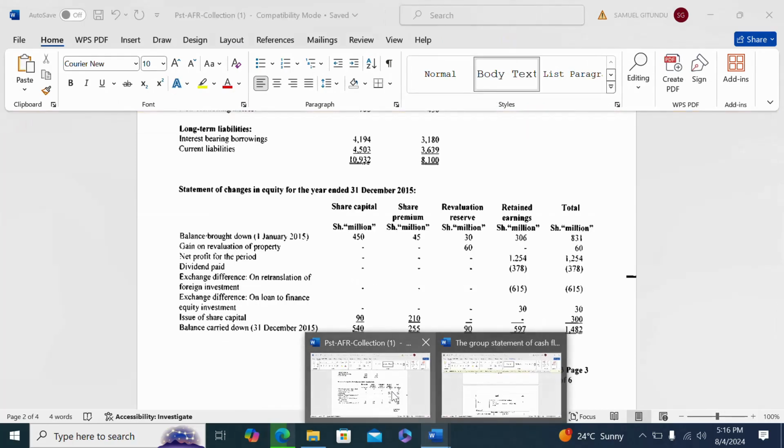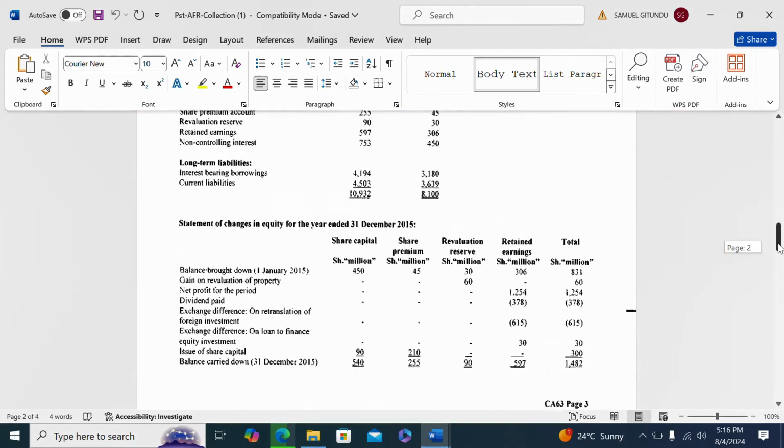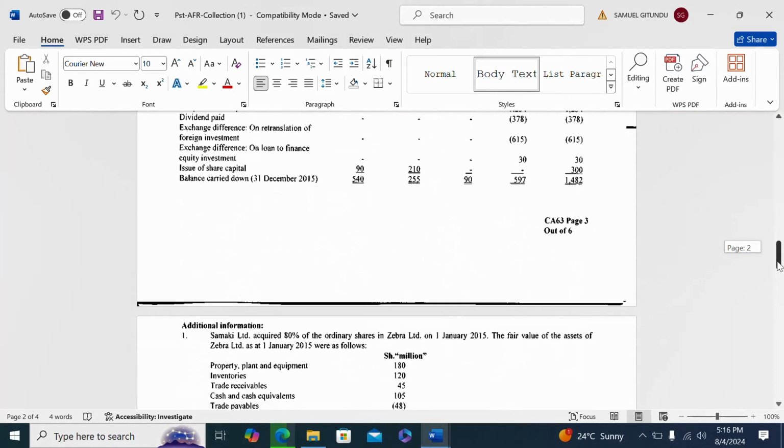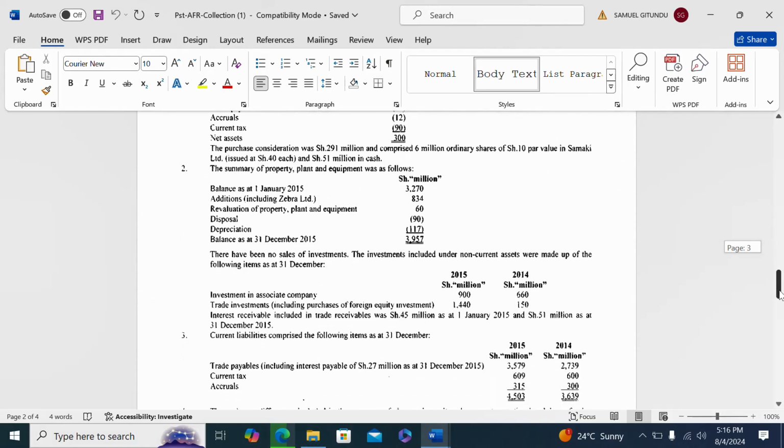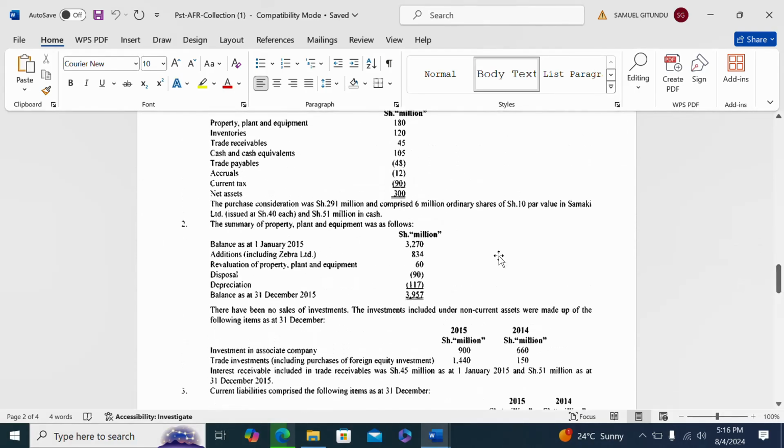And if you don't believe me, we can go back to the additional information number 1, where it says that 6 million ordinary shares of shillings 10 par value in Samaki Limited were issued at shillings 40.